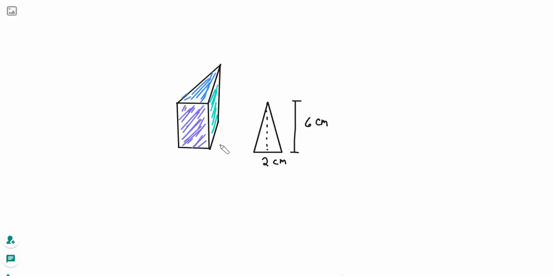The first thing to recognize here is that the base is the same as the top. The sides are straight up from the base. And if that's the case, we can use our formula.